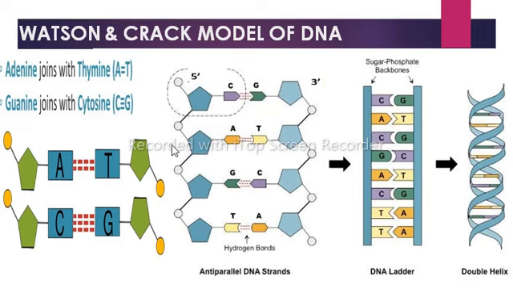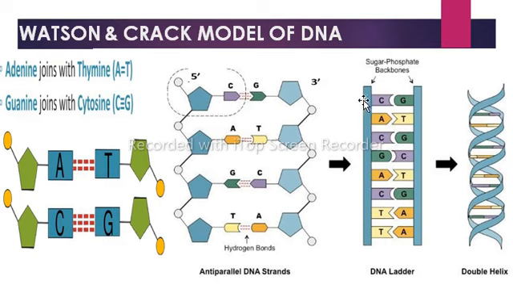That is, adenine bonds to thymine and cytosine bonds to guanine, and hydrogen bonds are present between the two strands. That is, adenine and thymine have double hydrogen bonds while cytosine and guanine have triple hydrogen bonds between them.